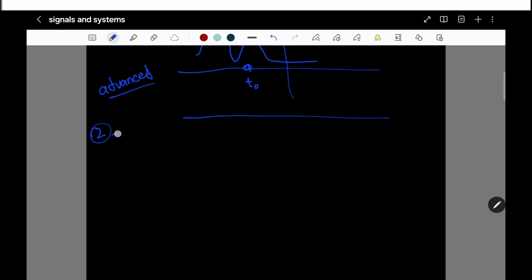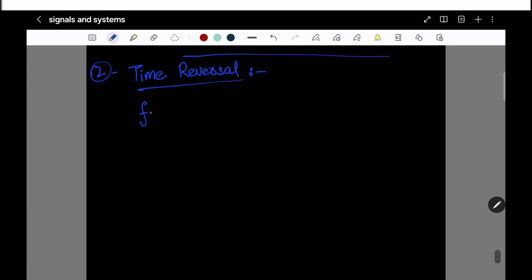So the next thing is the time reversal. Time reversal is simply you flip a signal along a time axis.